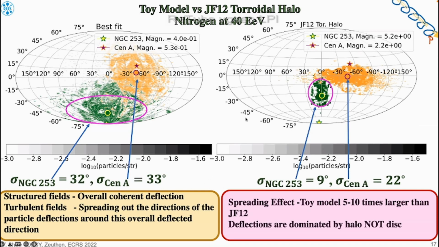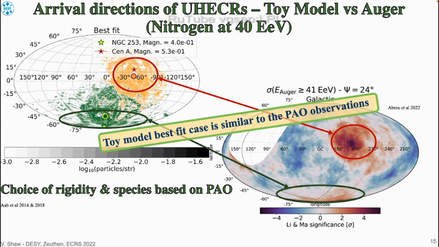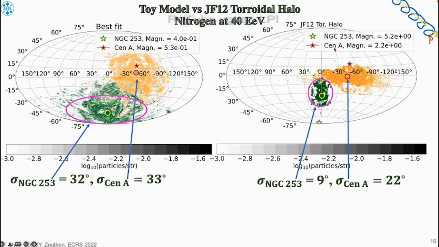One last thing that I would like to highlight here is that, in comparison to Auger's results, the JF12 model tends to deflect the cosmic rays, at least for NGC 253, quite further to higher latitudes.